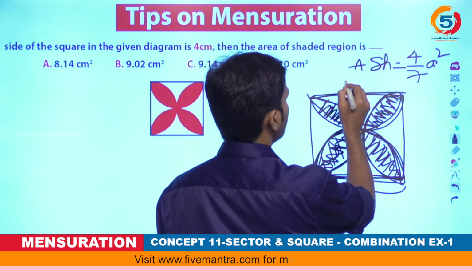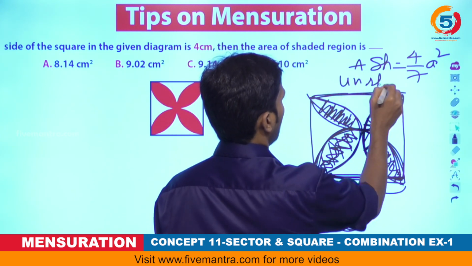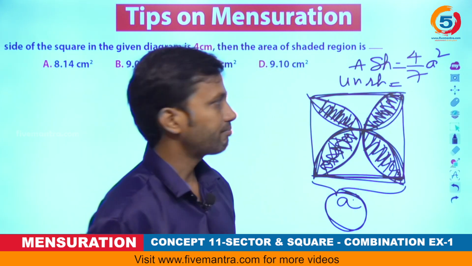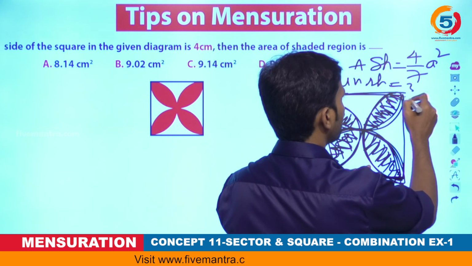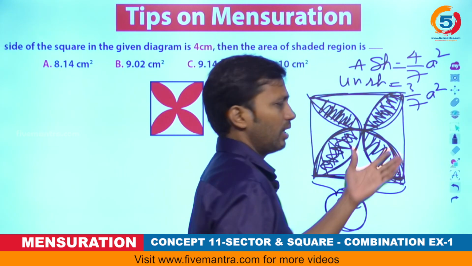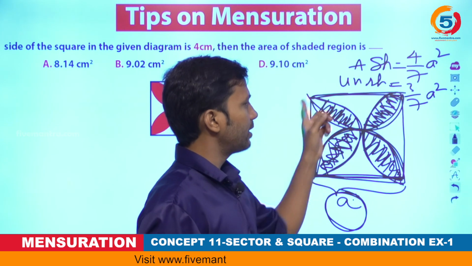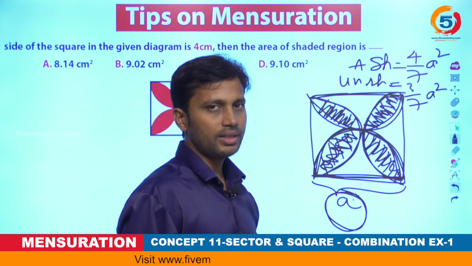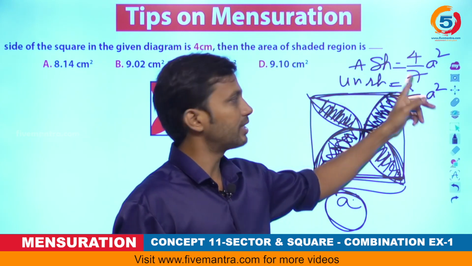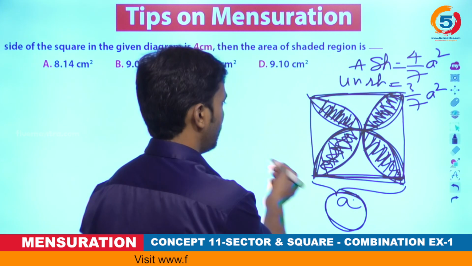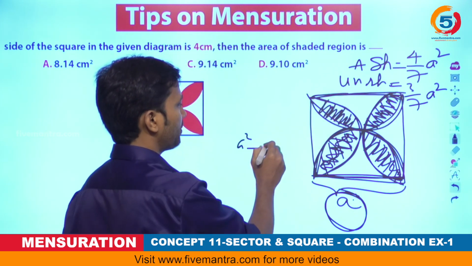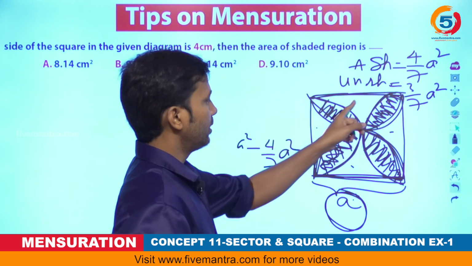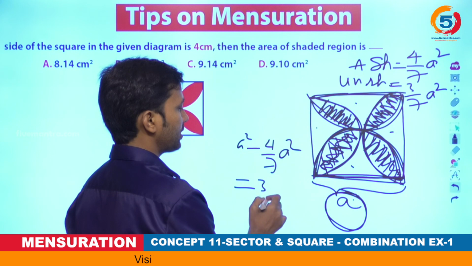And the unshaded region is equal to 3 by 7 A square. A square is the total area of the square, where the shaded region is 4 by 7 A square. If you subtract the shaded region, the flower part, from that A square, the remaining part would be, taking LCM, 3 by 7 A square.